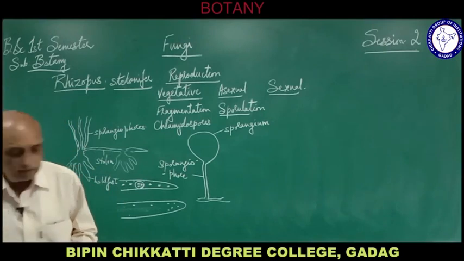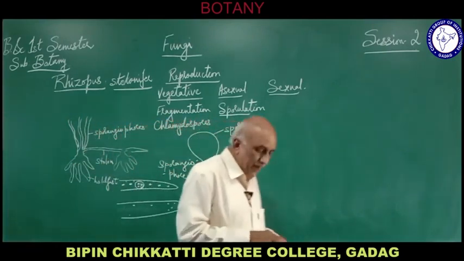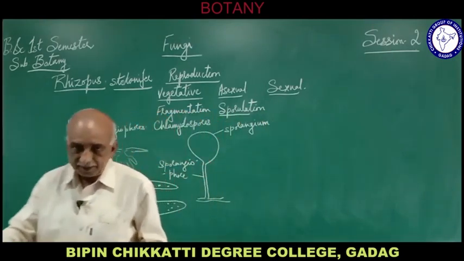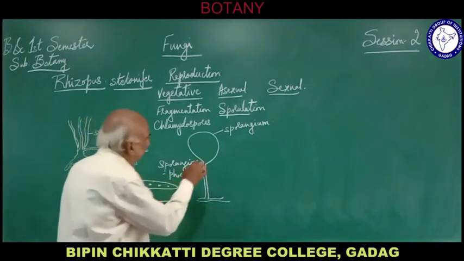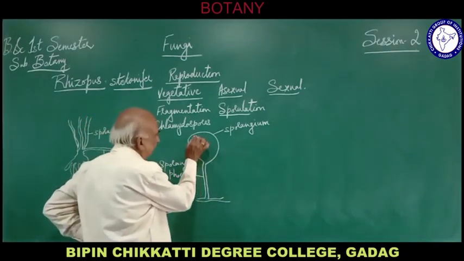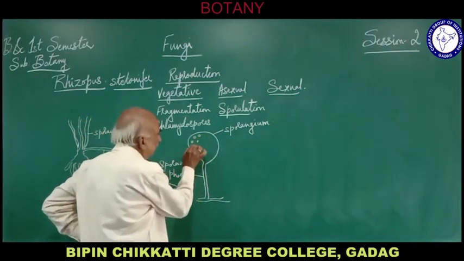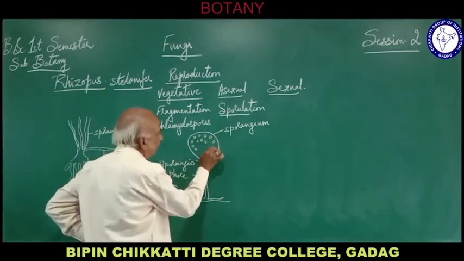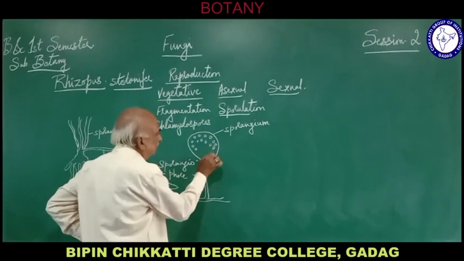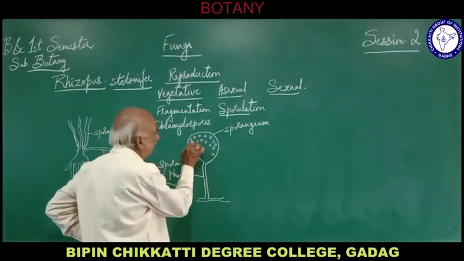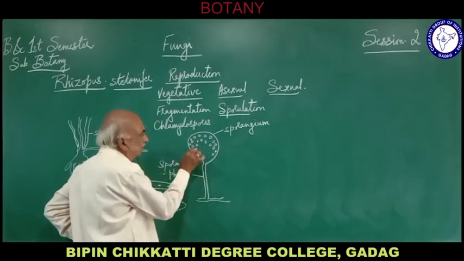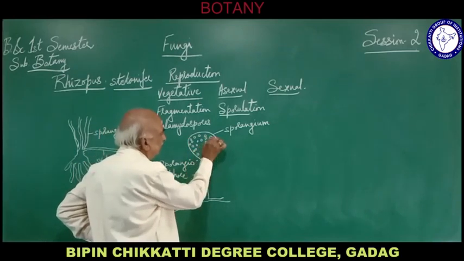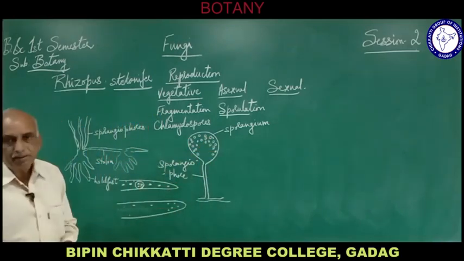Now as the spores are formed inside the sporangium, these spores are multinucleate actually. These spores appear to be black in color, and because of this sooty nature of the spores, the sporangia appear black in color.